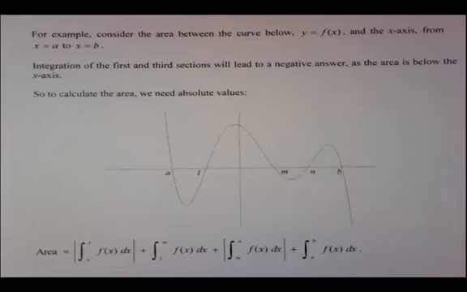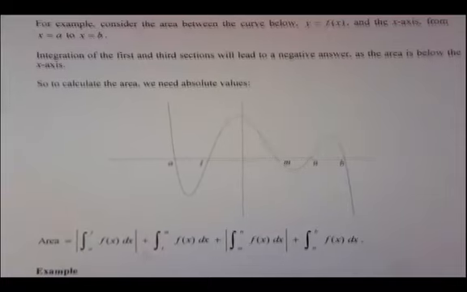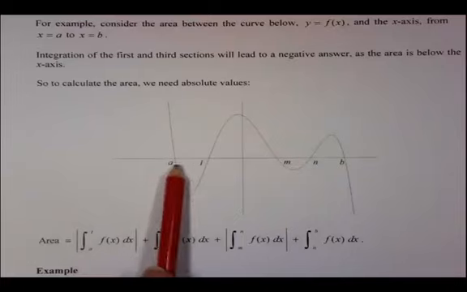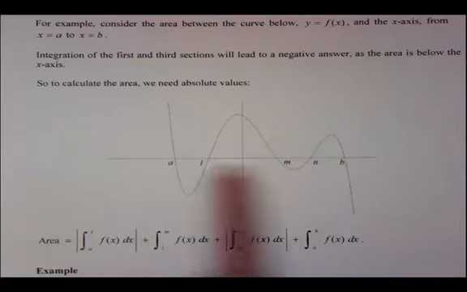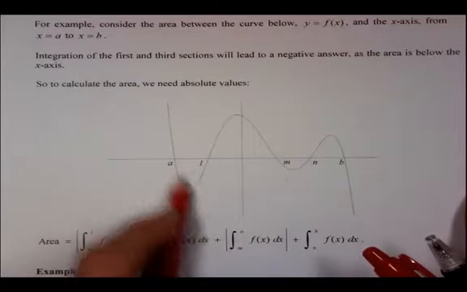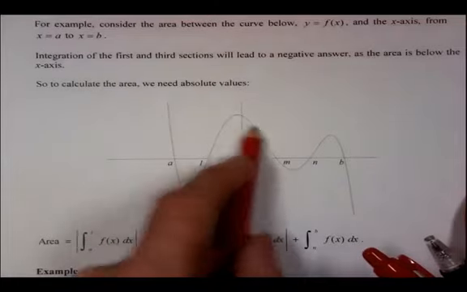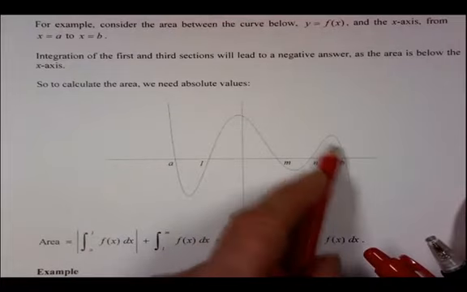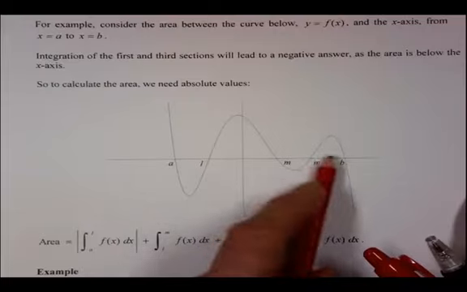Say you're working out an area, and say you're doing it from A to B. You want the area between the curve and the x-axis from x equals A up to x equals B. Well, if you just do one integral, you're going to get a negative value added to a positive value because this is above the x-axis, added to a negative value because this is below, added to a positive value because this is above, and some of those will cancel out.